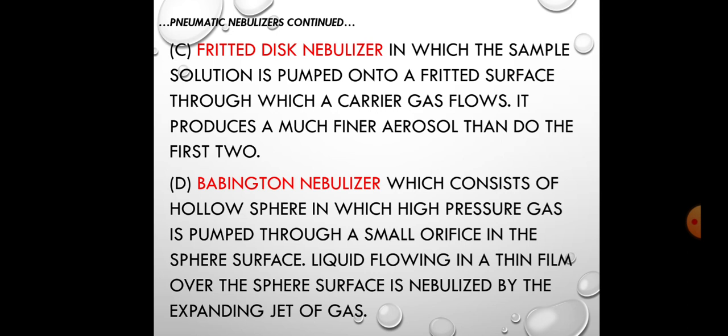The fourth one, number D, is the Babington nebulizer, which consists of a hollow sphere in which high pressure gas is pumped through a small orifice in the sphere surface. Liquid flowing in a thin film over the sphere surface is nebulized by the expanding jet of gas.